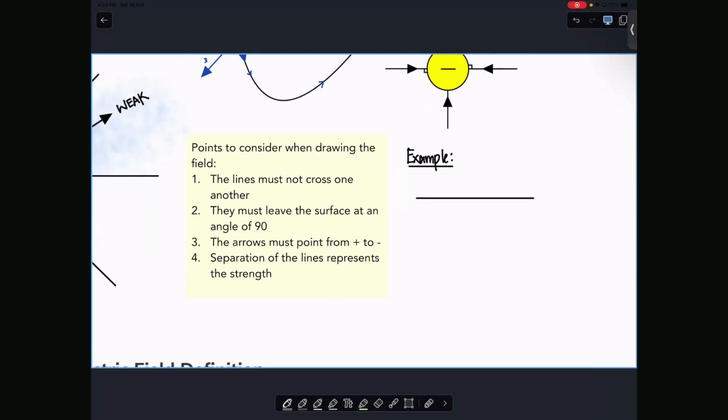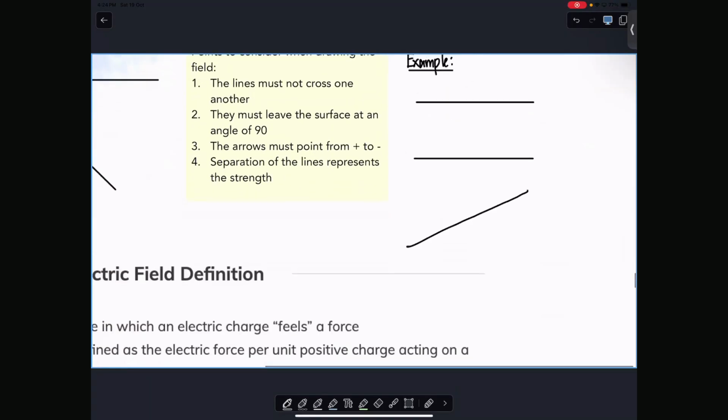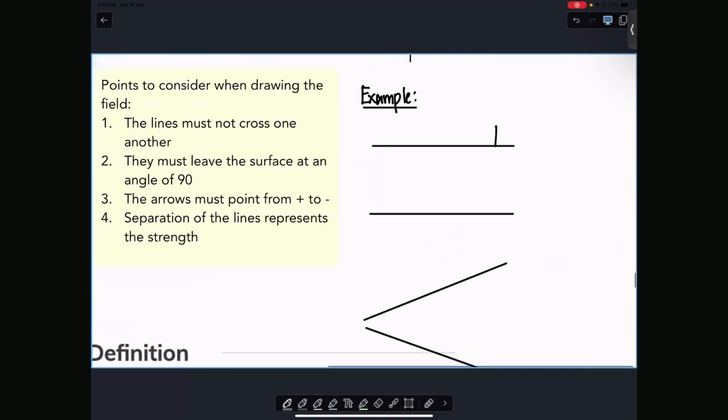Draw the field pattern between two parallel plates. Draw the field pattern between two non-parallel plates. That should be it. This plate is connected to the positive terminal. And this plate here is connected to the negative terminal.